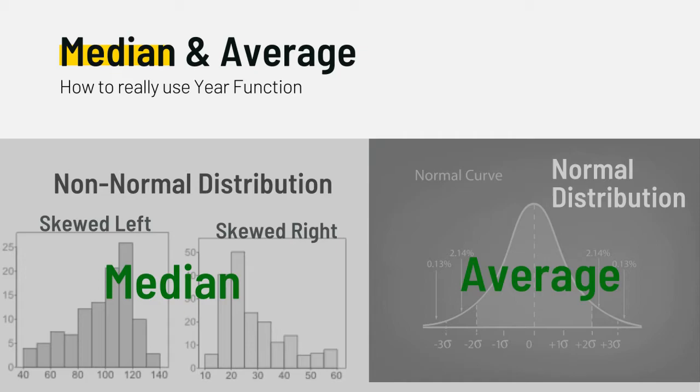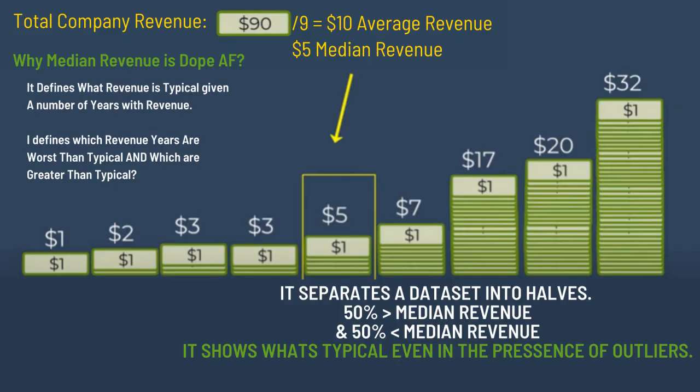We need to solve a problem that seeks to understand what is typical about our revenue across a number of years. Let's look at a soft example before we get into our demo, but let's say that the total revenue for a company is $90 million. We want to understand what is typical for our company year by year, over 9 years.